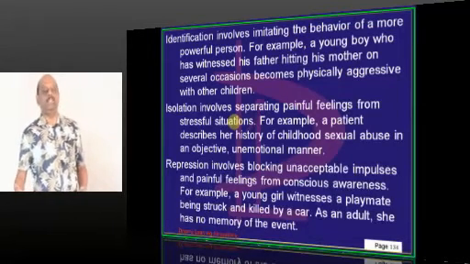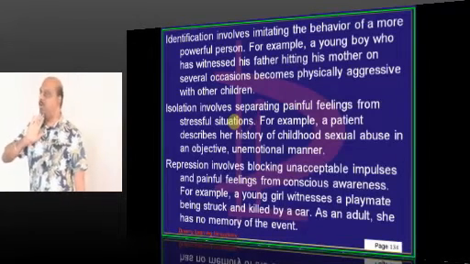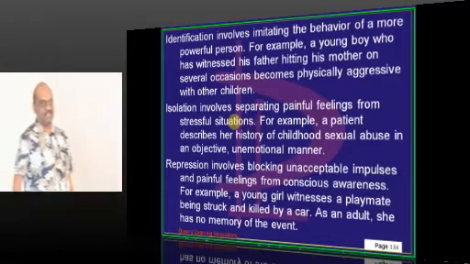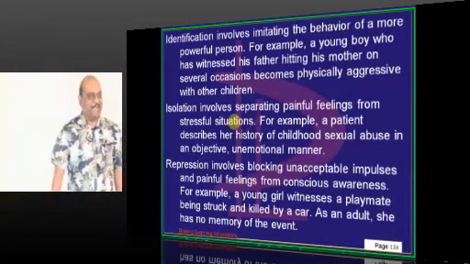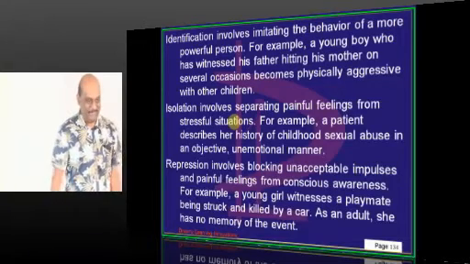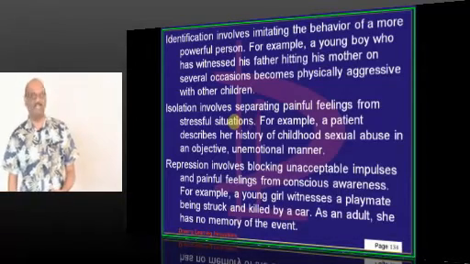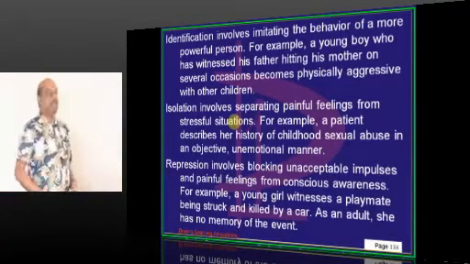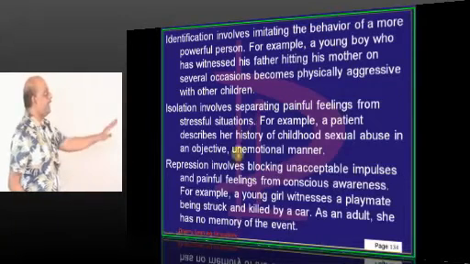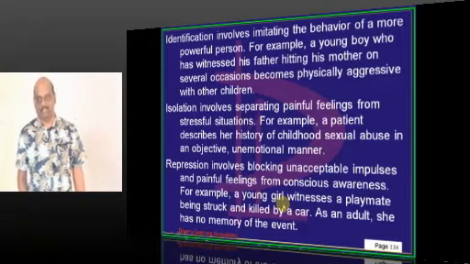So we may have so many stresses in life, but we have the ability to not feel the stress. That's how some politicians, while going to jail, say bye to everybody, smile, and then they go. They don't let the feelings of stress come in. So that is isolation. Then repression is altogether blocking unacceptable impulses and painful feelings from conscious awareness.